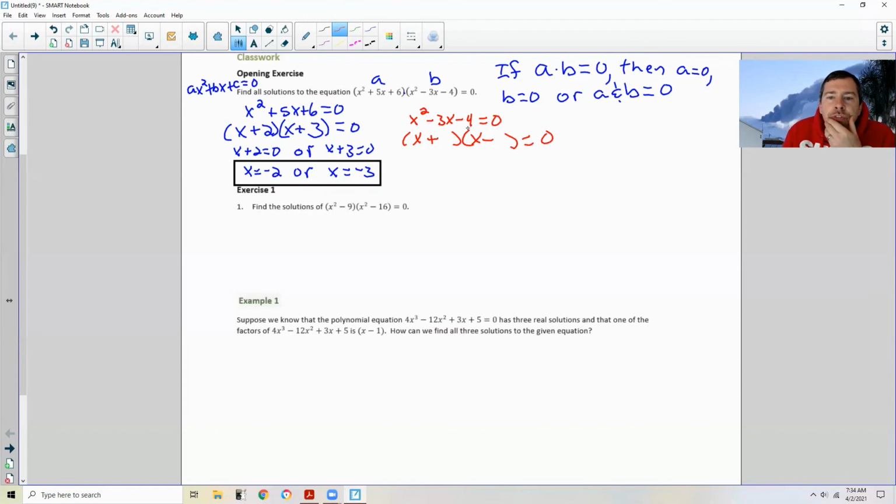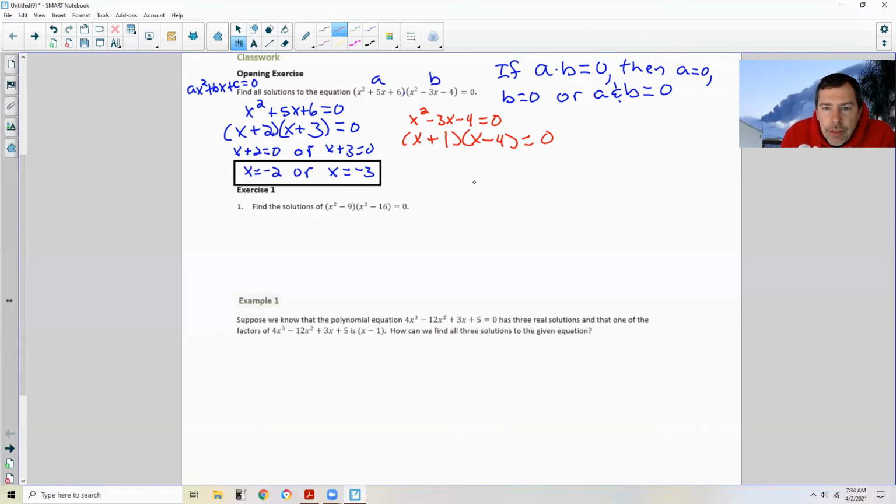Factors of 4 are 1 and 4, and 2 and 2. Well, 2 plus 2 is 4 and 2 minus 2 is 0, so it's not the 2s. It must be the 4 and the 1. If I make the bigger one negative, I'll get a negative middle term.